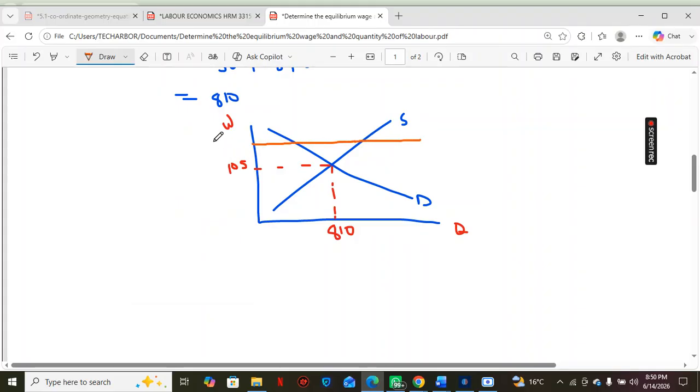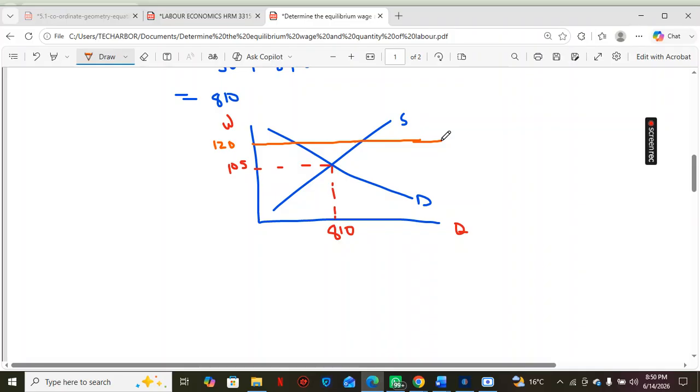Here, 120. This is how much the workers have to be paid. Now we're going to see what's going to happen when this price floor is enacted in this labor market.